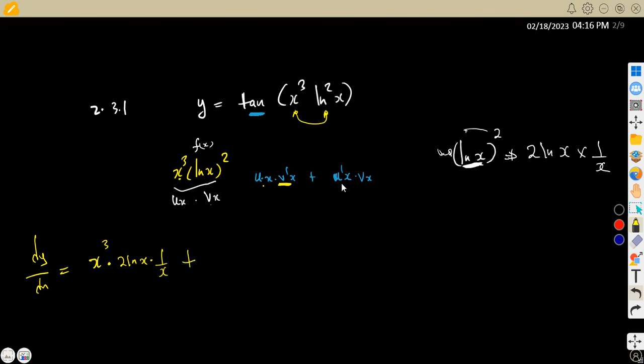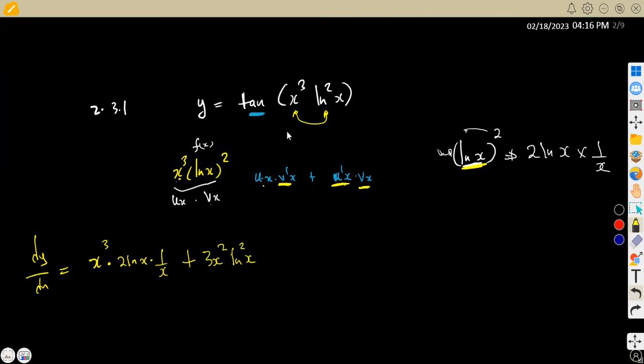We now have v(x) times the first derivative of u, which is x to the exponent 3, going to give us 3x squared by v(x). The v(x) is going to remain as it is, which was ln squared x. You can write this as ln squared x, or as ln x squared.